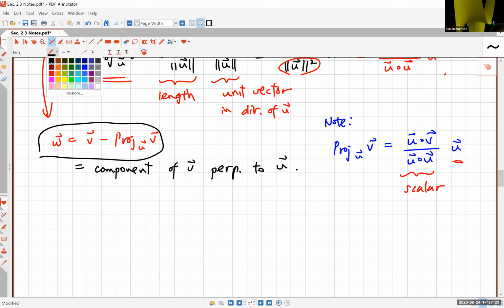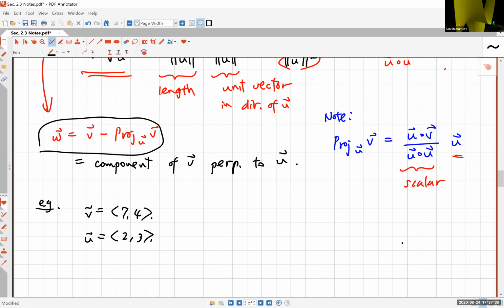But before we do that, I'm going to give you an example, and I want you to figure this out. Your v is 7, 4. Your u is 2, 3. You may choose to sketch these vectors.